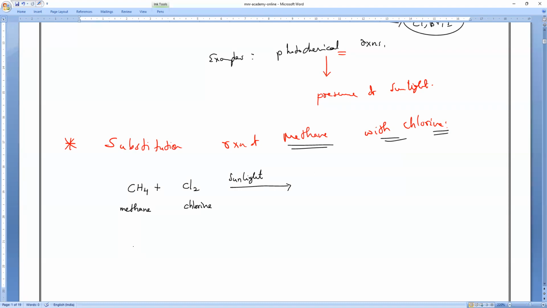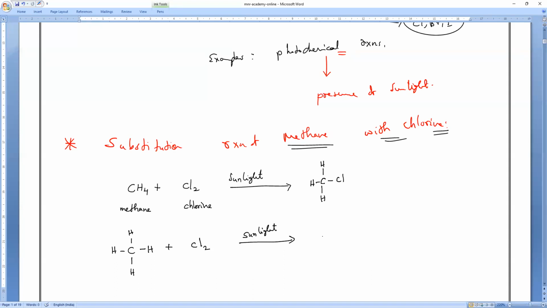Draw the structures down, I will teach you. What is the methane structure? Make it quick. CH4 reacts with chlorine, Cl2. Under the presence of sunlight, what do you expect? One chlorine will come in, C-Cl.